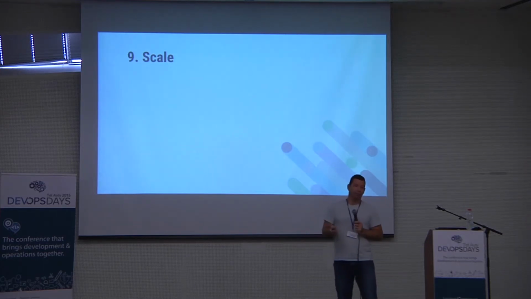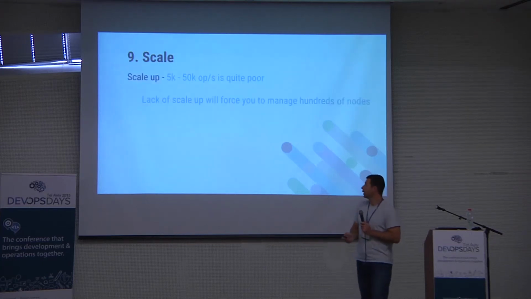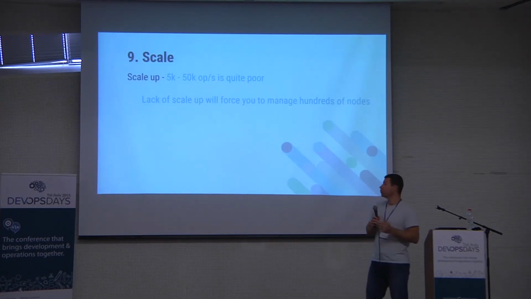Another thing is scale. There are mainly two things with scale: scaling up and scaling out. I call anything below 50,000 operations per second quite poor scaling.